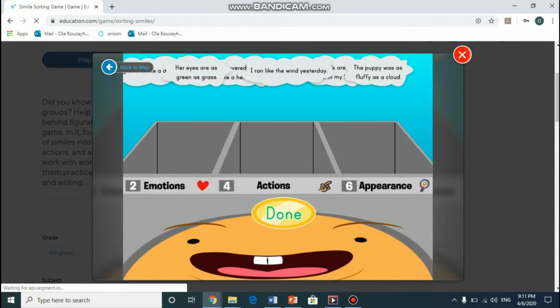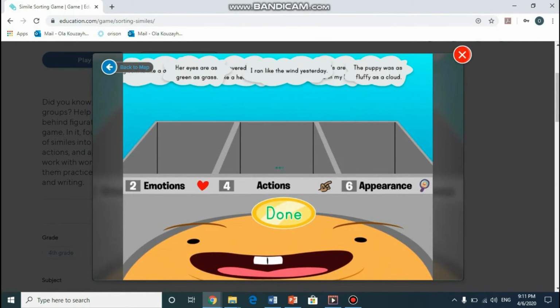We can see that we have here a brain, and you can see that here you have similes, and you have to sort the similes between emotions, actions, and appearances. You can see that the word emotion has a heart next to it, which is feelings. So if you read the simile and you feel that this is a feeling, you grab it and you put it here.